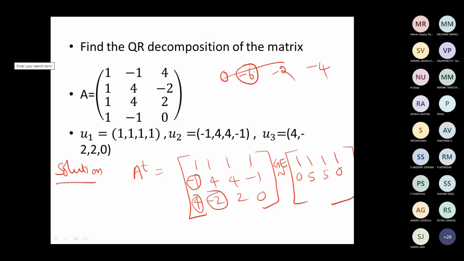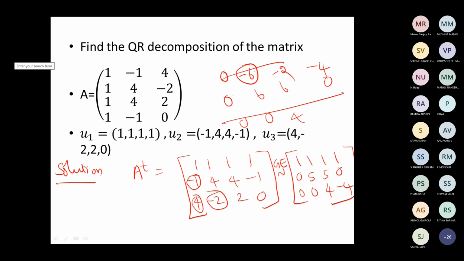Then again you have to make this entry 0, right? What you have to do is divide this by 5 and multiply by 6. So it becomes 0, 6, 6, 0. Then you add, and the last row becomes 0, 0, 4 minus 4.